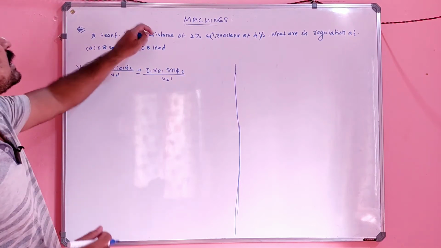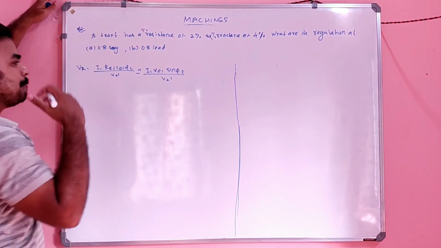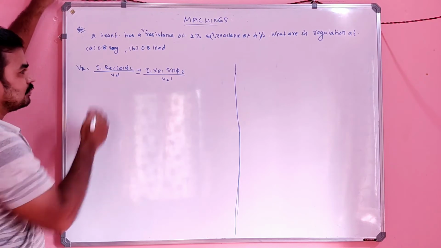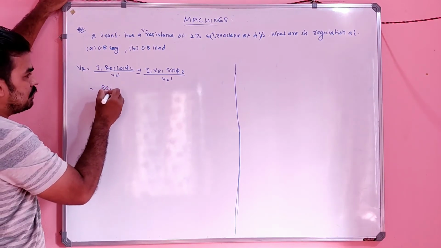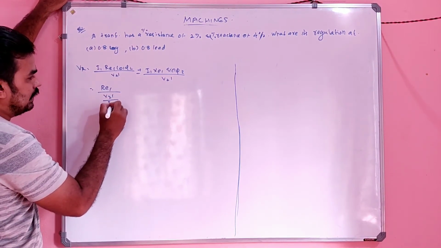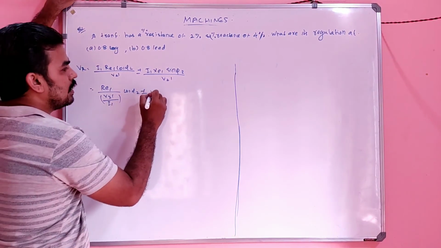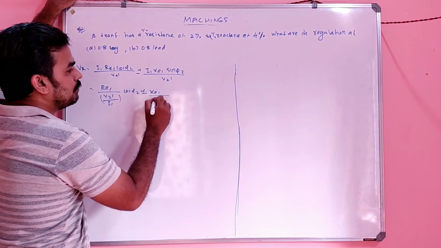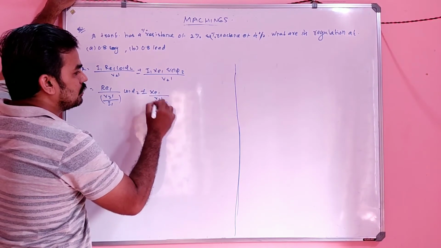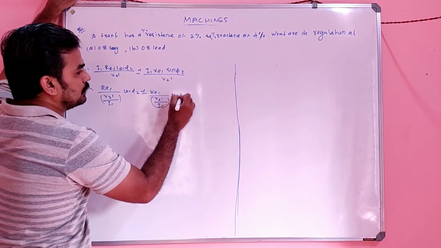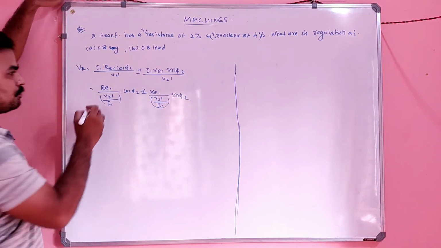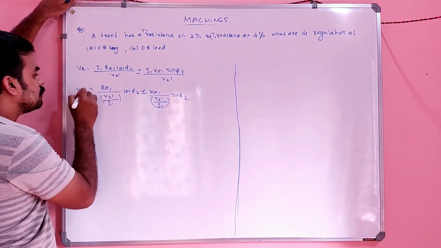Percentage resistance means RE1 divided by V2 dash by I1, cos phi 2, plus or minus XE1 divided by V2 dash by I1, into sin phi 2. That is the meaning, that is VR.